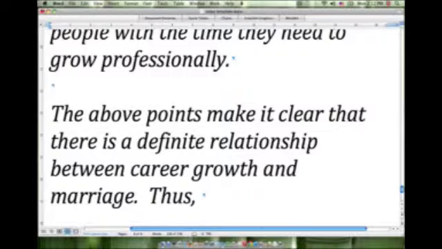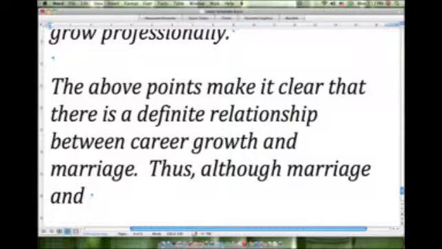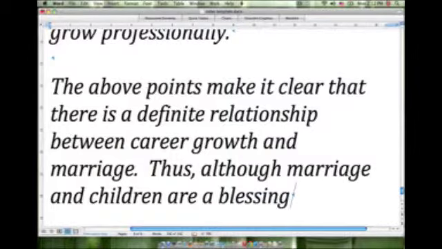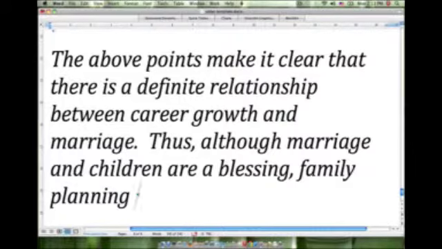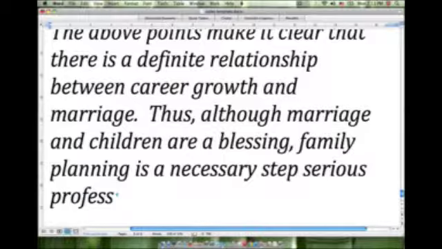So maybe we conclude something like this: although marriage and children are a blessing, family planning is a necessary step serious professionals need to consider.